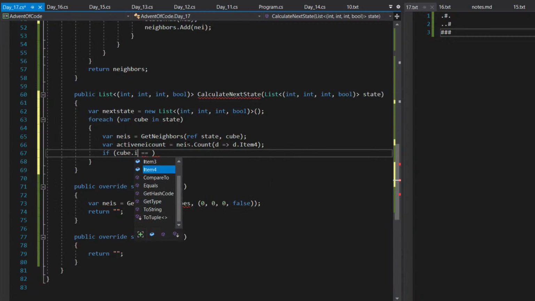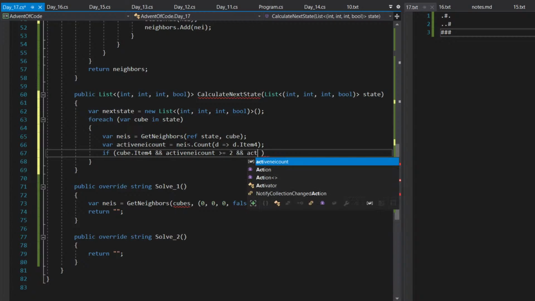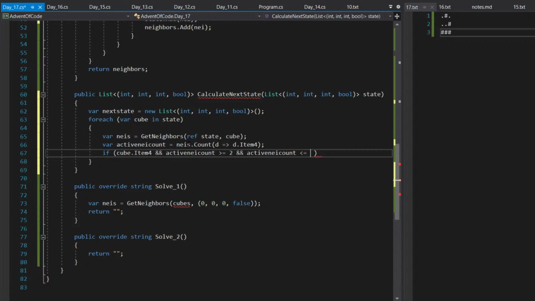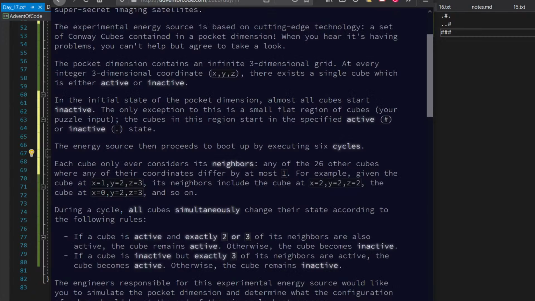If cube.item4 is active and active count is greater than or equal to 2 and active count is less than or equal to 3? Is that what I said? Exactly 2 or 3 of its neighbors are also active.